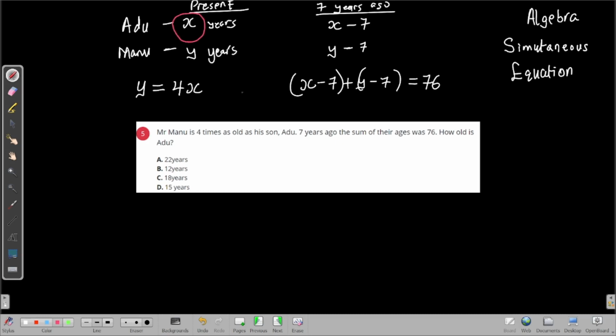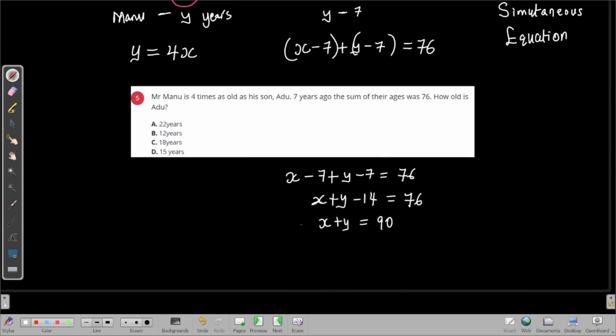So what we do now is let's expand this bracket. So we have x minus 7 plus y minus 7 is equal to 76. x plus y minus 14 is equal to 76. x plus y is equal to 90.